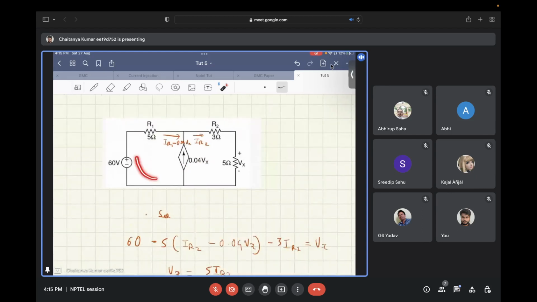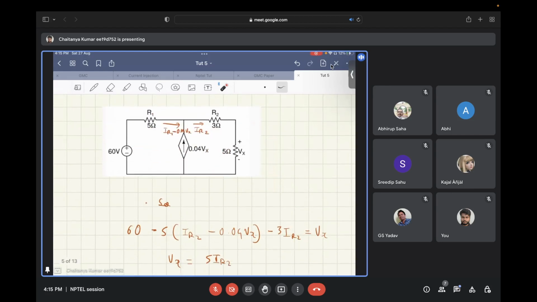Now, if you apply KVL at this complete mesh, you get 60 volts minus 5 times the current flowing through this 5 ohm resistor, that is IR2 minus 0.04 times Vx, minus 3 times IR2, is equal to Vx.